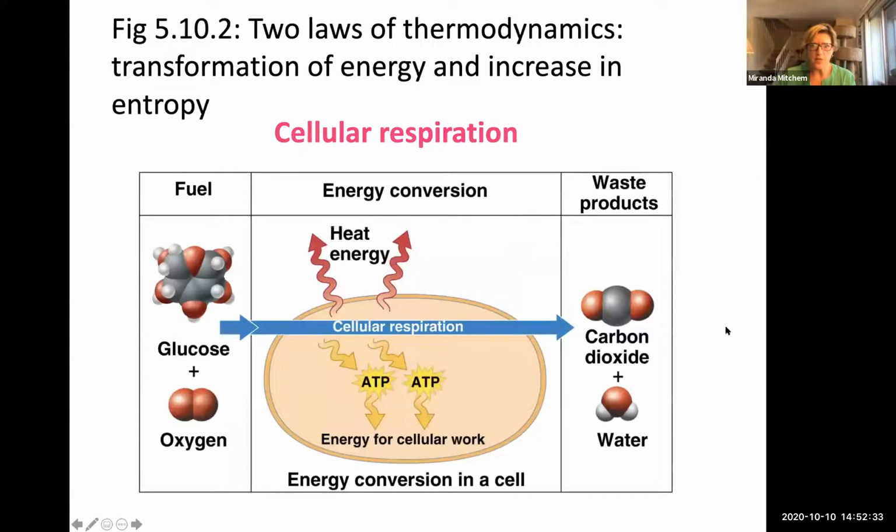So this is cellular respiration, which is the content of the module after next. We get into quite a bit more of it. This is a really important set of chemical reactions that we'll study because it provides the energy needed to support life.